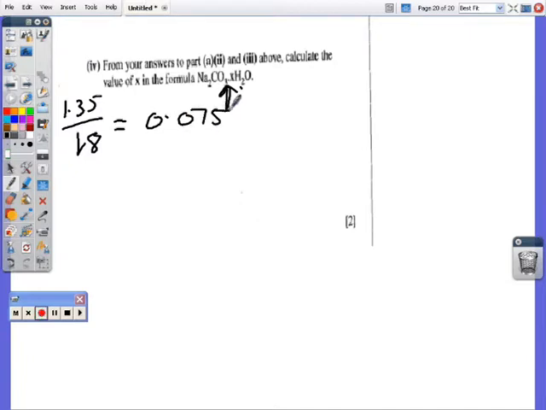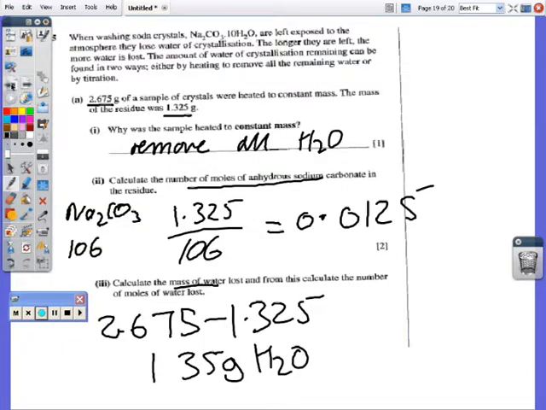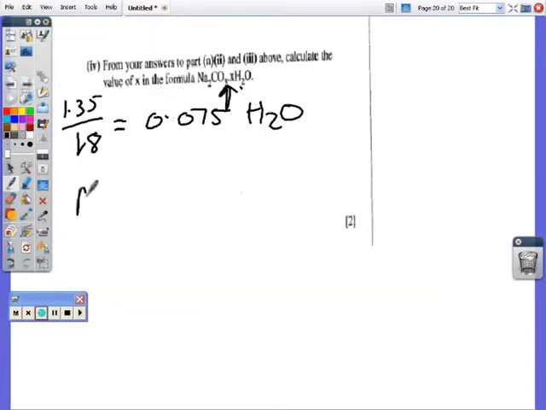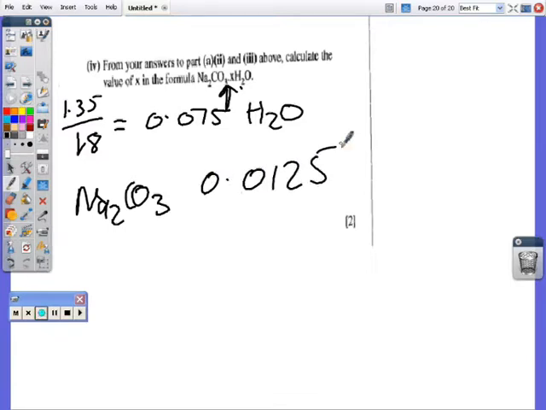Sorry, that's moles of water. And if we go back to the sodium carbonate, we have 0.0125. So if we take the smallest number, which is hopefully you all recognize as being that, and divide it into the biggest number, we get a nice round number, where in this instance x is 6.